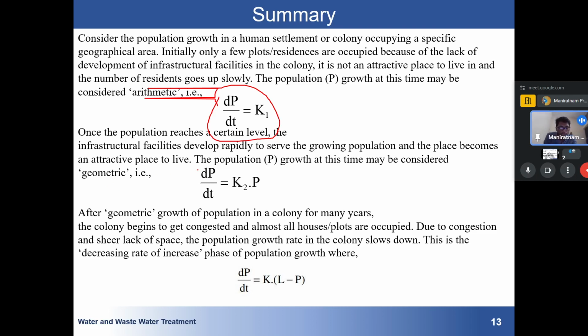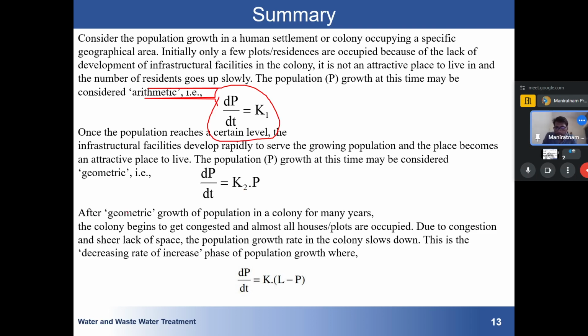Eventually, when the population increases, infrastructure grows and people will start coming from outside to that area. So there will be an increase in population, and that is governed by geometric growth, that is dP/dt equals k2 times the population at that particular time. I hope this is very clear to you.